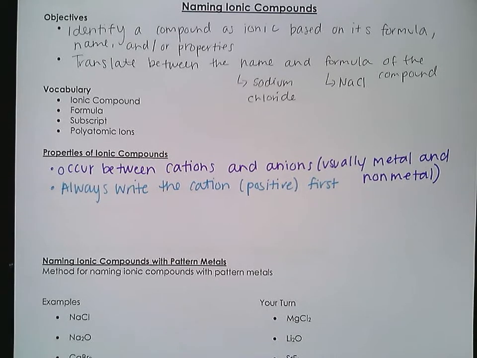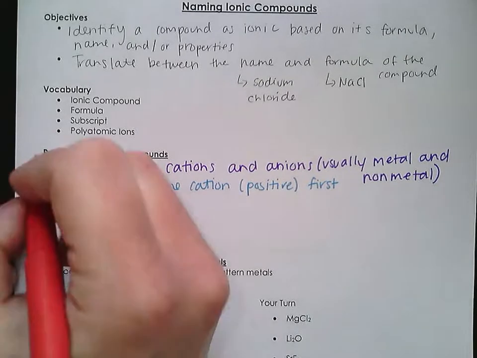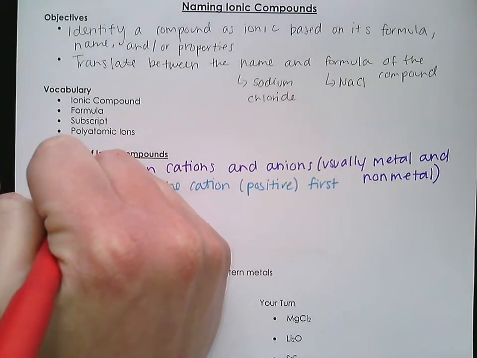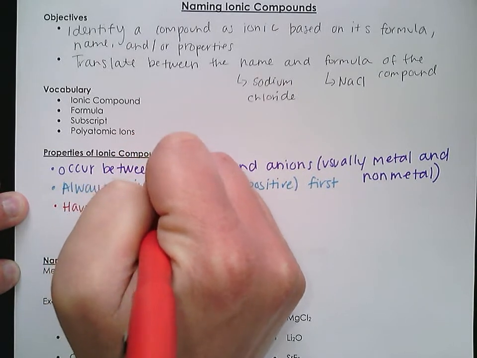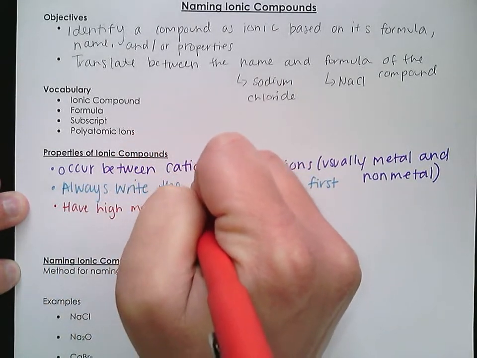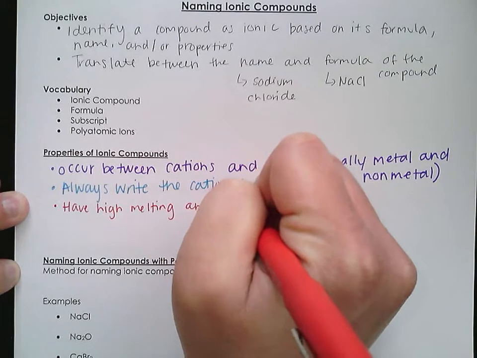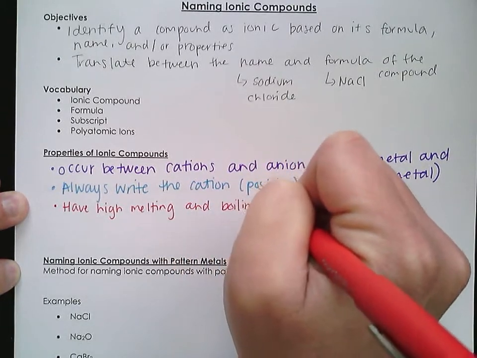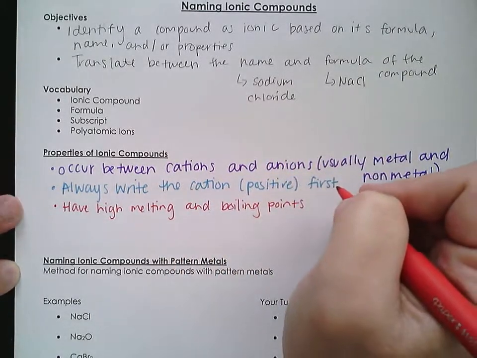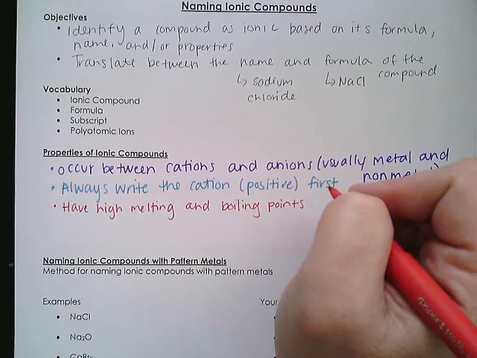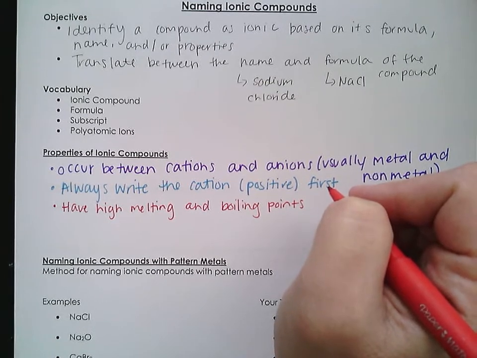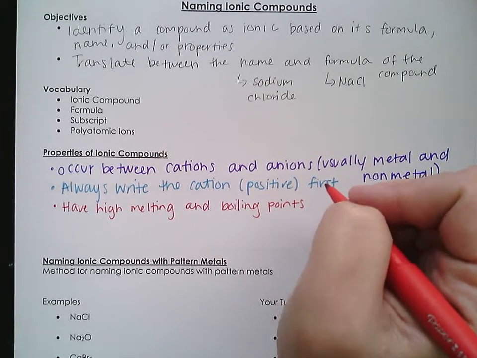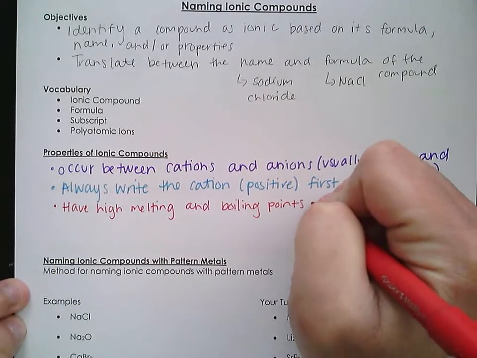Ionic compounds generally have high melting or boiling points. What that means is it usually takes longer for these to melt or boil because it has to take in more heat.